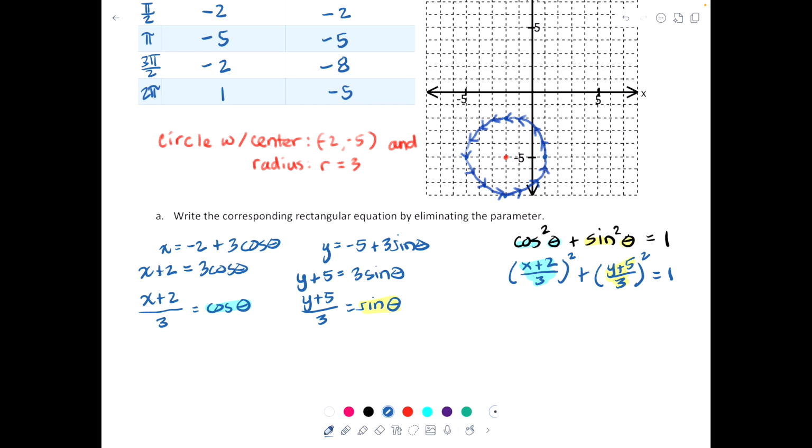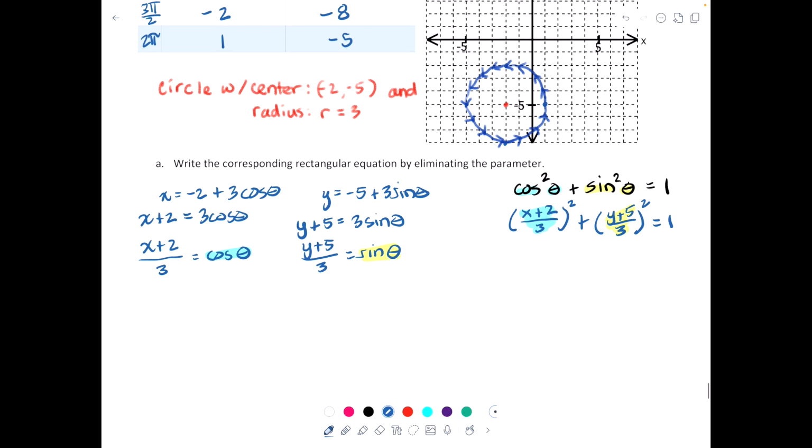Okay, and so this will give us x plus 2, the quantity squared, over 9, plus y plus 5, the quantity squared, over 9 equals 1.